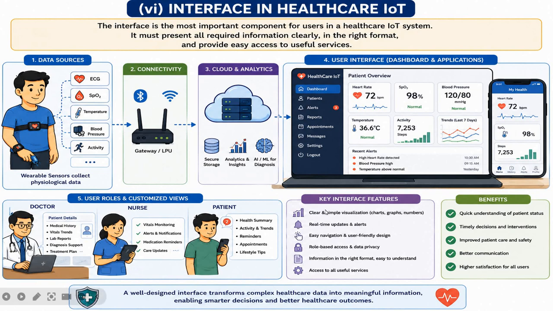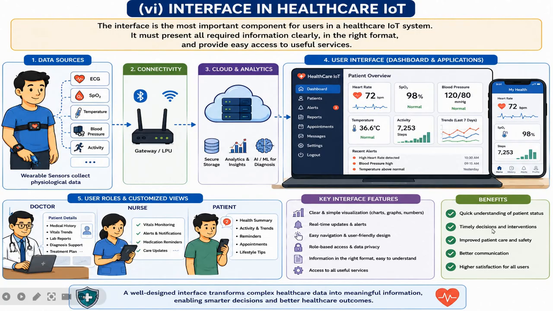And here we can see some key interface features including clear visualization, real-time updates, easy navigation, data privacy controls, and quick access to healthcare services. So these features improve the usability and help users make informed decisions efficiently.